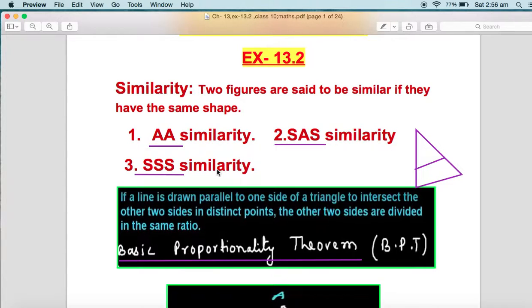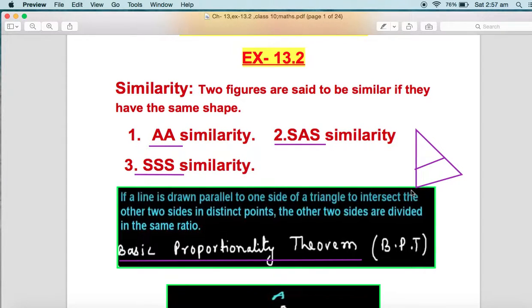We talked about the Thales theorem, that is the basic proportionality theorem, which is also termed in short form as the BPT theorem. Let's recapitulate what the statement says. If a line is drawn parallel to one side of a triangle to intersect the other two sides in distinct points, the other two sides are divided in the same ratio.